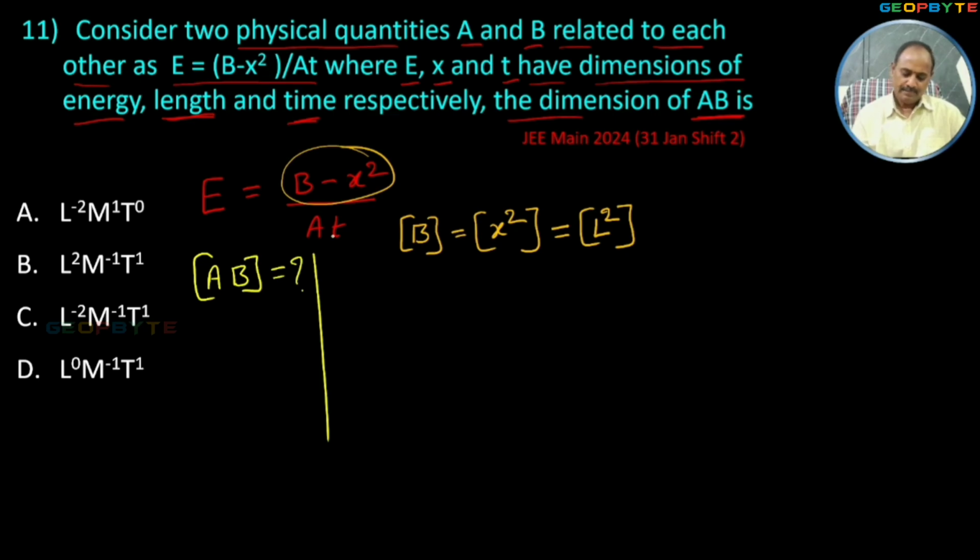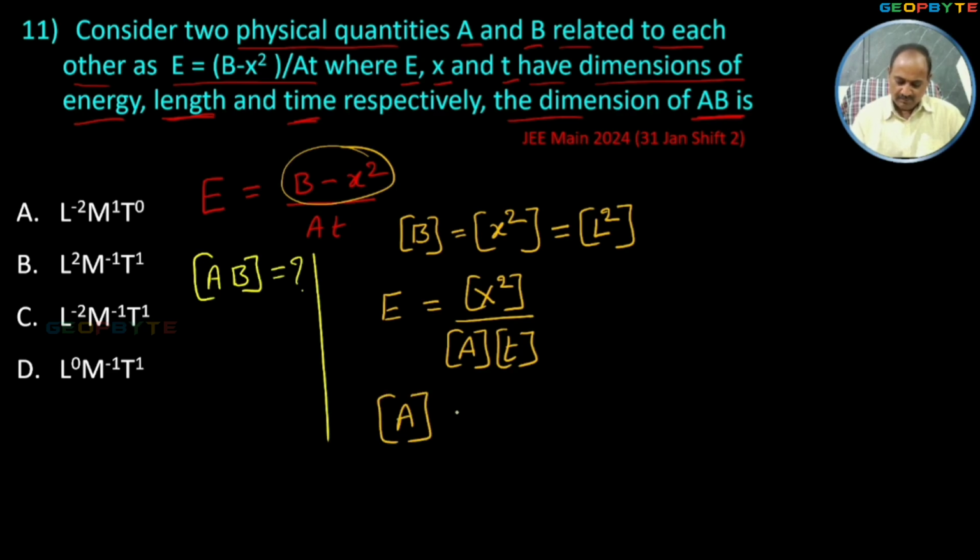Now let us decide for A. Here it is given E dimensional formula equals x squared dimensional formula divided by A dimensional formula and T dimensional formula. From this I can write that the dimensional formula for A equals x squared divided by E, T. E is the energy, T is the time.